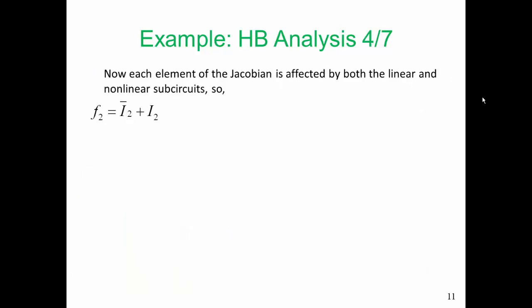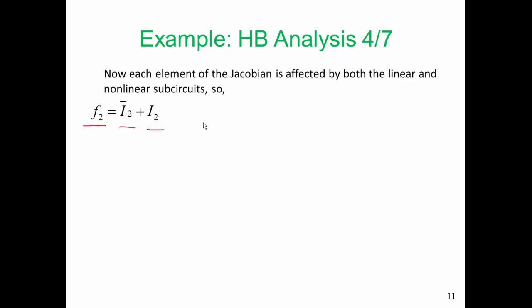So let's just consider the error at the second harmonic. So our error is F2. This is the KCL error at the second harmonic, and it is the sum of the linear current and the nonlinear current. Adding them together should give us a KCL error that is 0 if they're equal to each other.